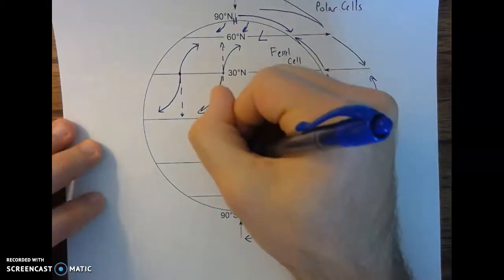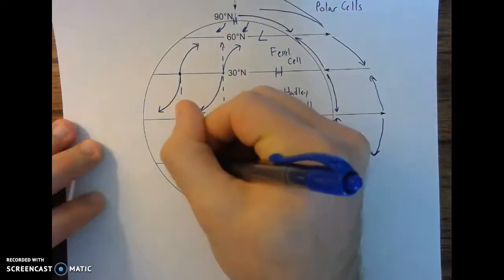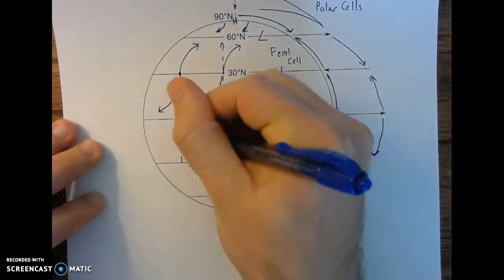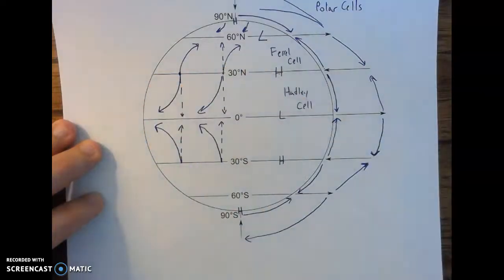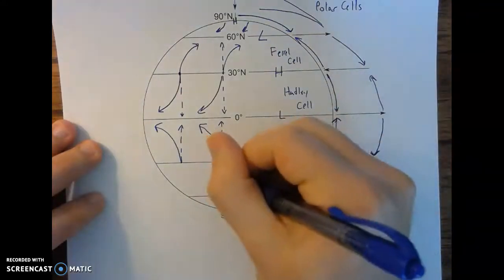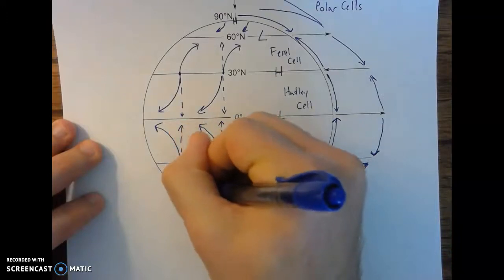But in the southern hemisphere, winds deflect towards the left. So instead of deflecting towards the right like they do in the northern hemisphere, winds in the southern hemisphere deflect towards the left. So I'll show you what that looks like going down towards 60 degrees south.